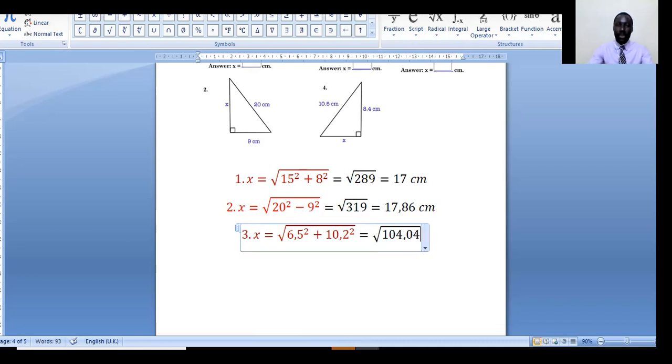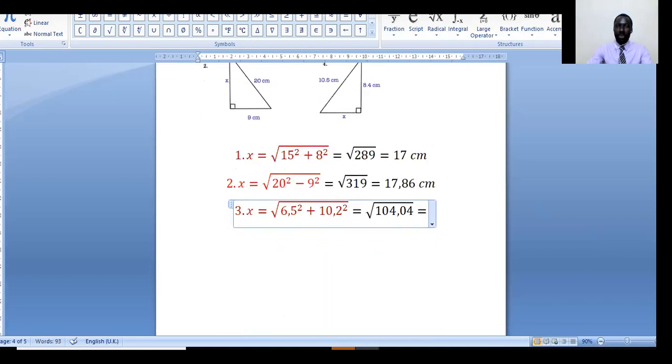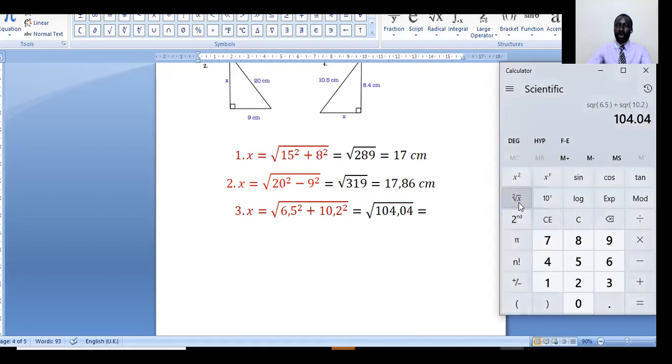So what would the value of this quantity then be? Well, the value of this quantity will be calculated with ease when we find the square root of what we have just got.